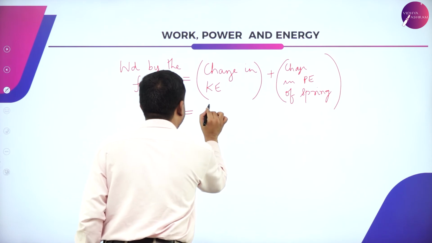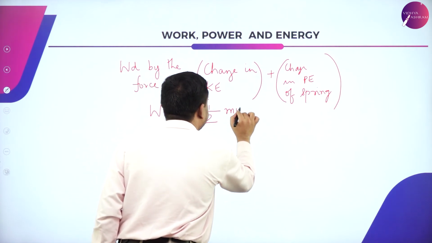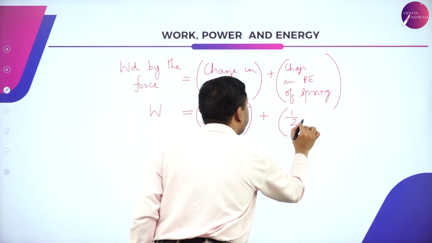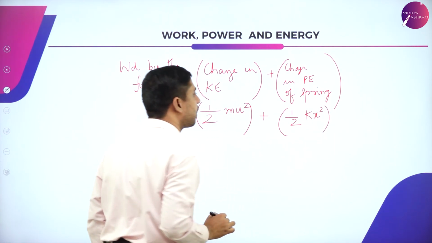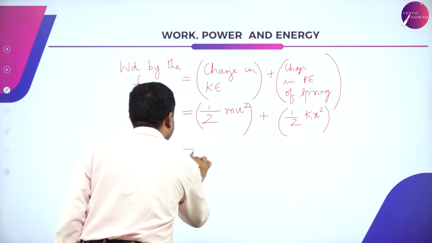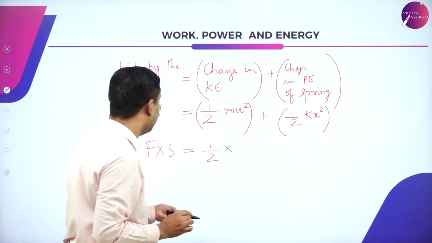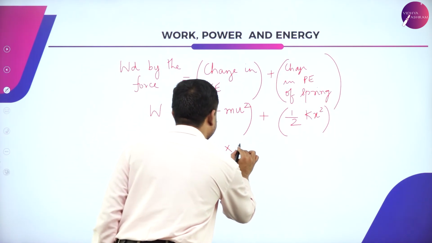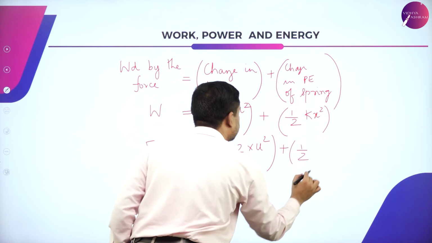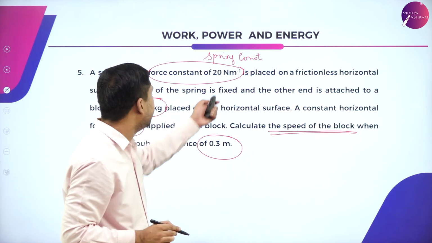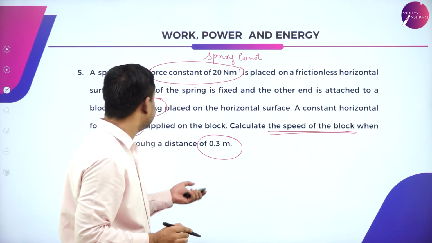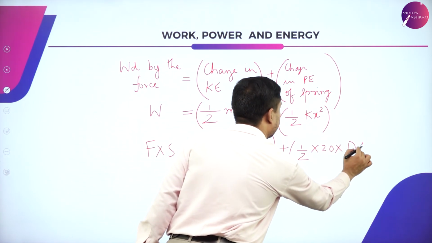So W equals half mu square plus half kx square, or F dot S is half into mass of the block, 2 kg, 2 into u square plus half, spring constant is given to be 20 Newton, into the distance, which is 0.3 meter.